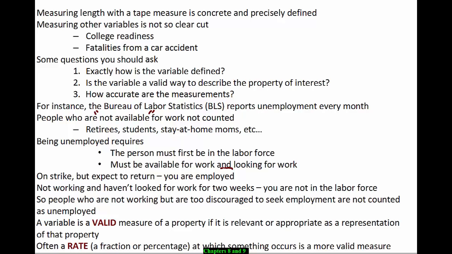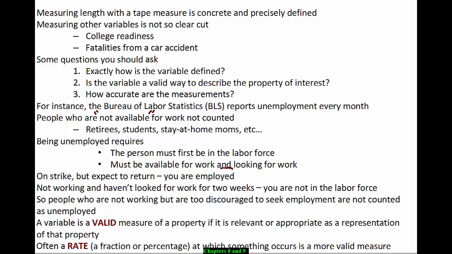This one should send some red flags up for you. If you know a family member who is unemployed right now, if they haven't looked for work for 2 weeks, if they're just kind of waiting for those resumes to hit and get some calls back, they're not going to be even considered in the labor force. They're not going to be counted when we measure unemployment.